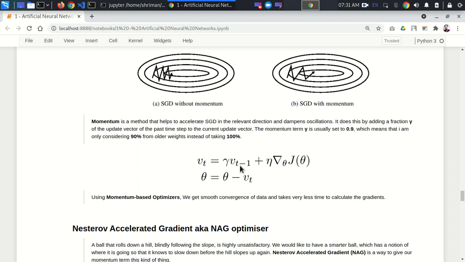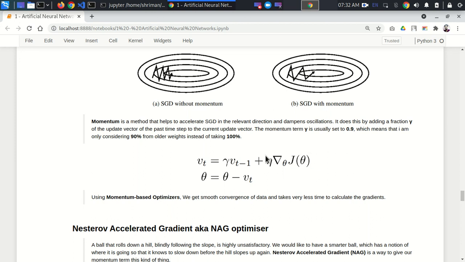And t minus 1 will be one earlier iteration, or the previous iteration. So Vt will be gamma into V of the t minus 1 iteration, plus eta into delta theta into J(theta).